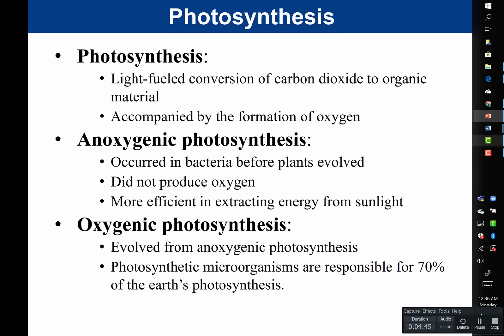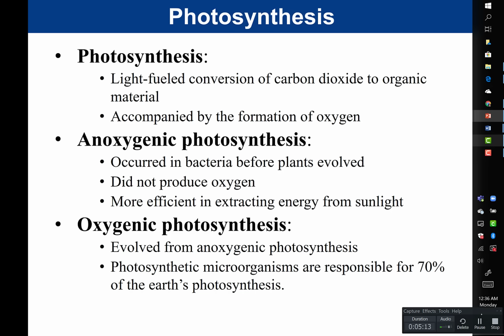And this can be accompanied by the formation of oxygen, meaning that plants, for example, or cyanobacteria, when they do photosynthesis, they're going to produce oxygen as a byproduct. Us as animals, we need that oxygen to breathe in because we need oxygen to do cellular respiration. And so this oxygen that we breathe in comes from organisms that can do photosynthesis.